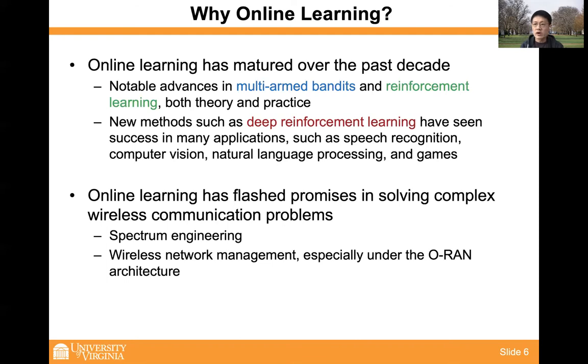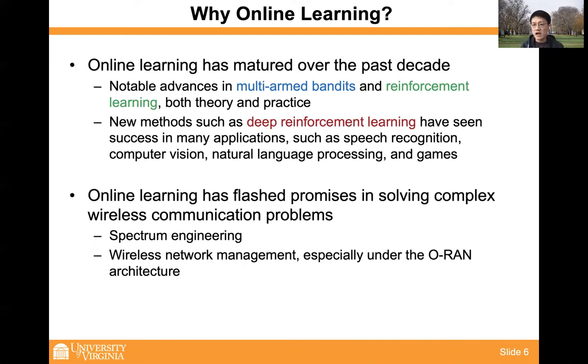We are not the only ones, obviously, who have attempted to introduce online learning to wireless communications. In fact, if you look at just the conference papers, let's say for ICC 2021, you will see many papers trying to use reinforcement learning and multi-arm bandits to solve communication or wireless problems.